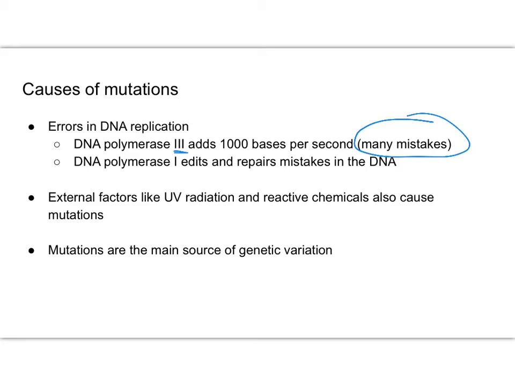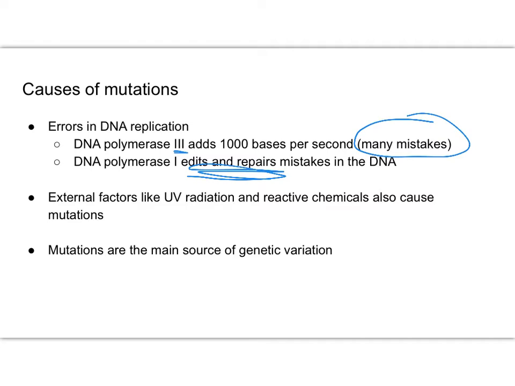DNA polymerase 1, which helps replace those RNA primers, will also try to help edit and fix the mistakes that were made while the DNA was replicated. The problem is it doesn't catch every single mistake. And so if it doesn't, there are certain mistakes that it could miss that could be detrimental.